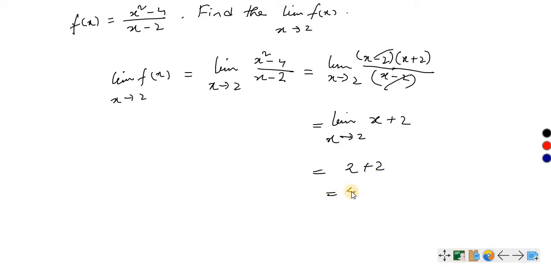So this is how we solve this problem. We can solve more such similar problems for practice purposes. I hope you have understood this.